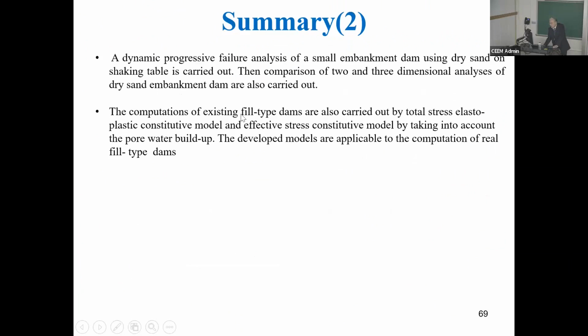The computation of existing filter dams was also carried out by the total elastoplastic constitutive model and the effective stress constitutive model, taking into account observed data, and developing a model applicable to the computation of real filter dams.